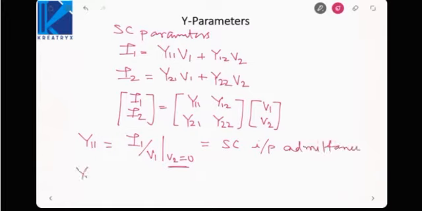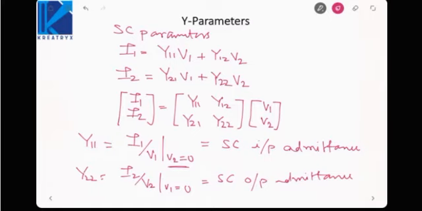Similarly, Y22 will be I2 by V2 provided that V1 equal to 0. That is short circuit output admittance. These admittances will also be known as the driving point admittance.